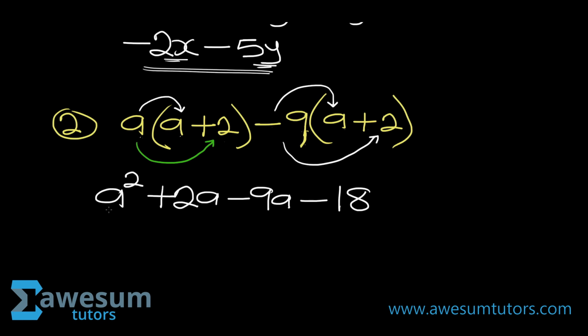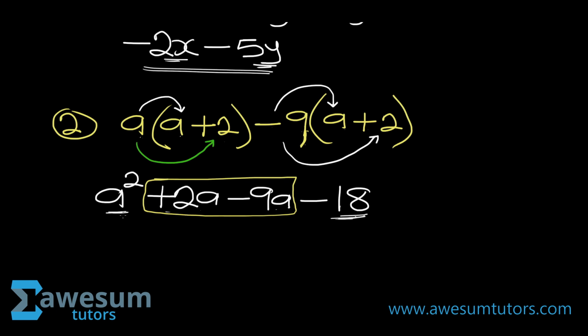Right here, this is A squared. This one does not have any letter, so this is a constant, and it is not the same term as A squared. But positive 2A and negative 9A are like terms, so we can simplify that.